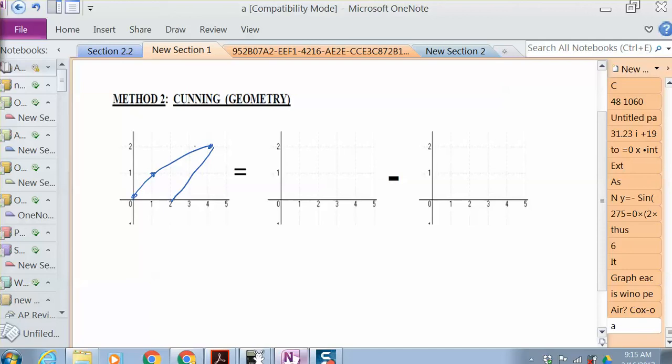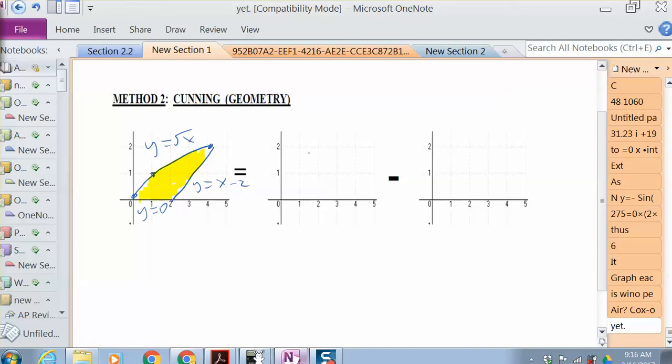Kind of looks like a shark fin. So that was our region. Again, it was y equals root x, y equals x minus 2, and of course, y equals 0, the x-axis.